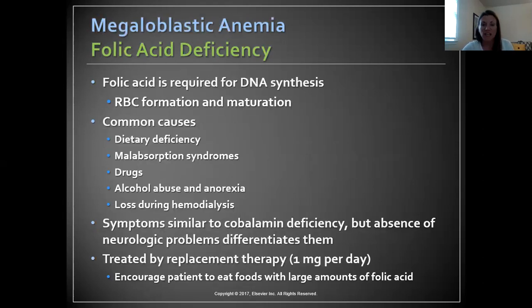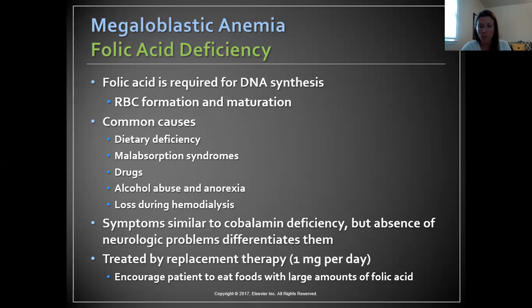Folic acid deficiency is the other type of megaloblastic anemia. Folic acid is needed for DNA synthesis, leading to red blood cell formation and maturation. Common causes of folic acid deficiency include dietary deficiency, malabsorption syndromes, medications such as methotrexate and anti-seizure drugs, alcohol abuse, anorexia, and loss during hemolysis.